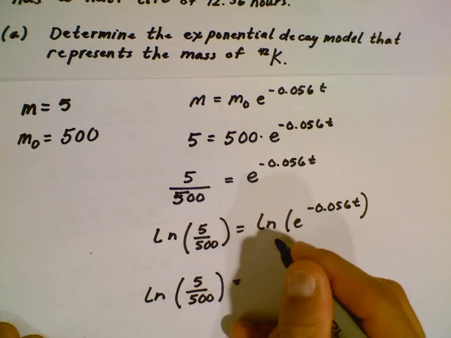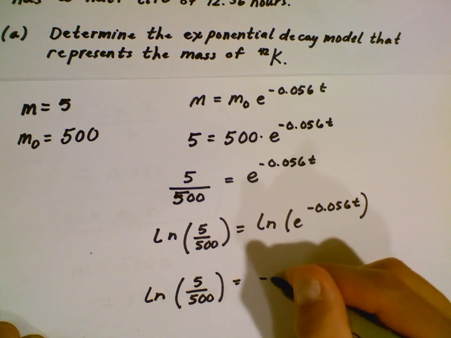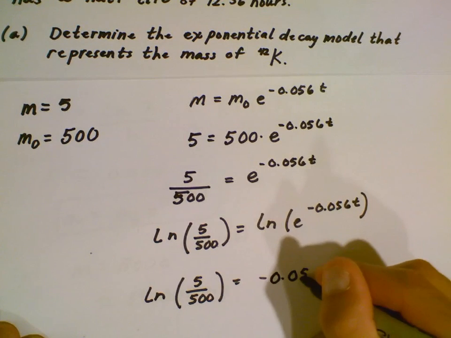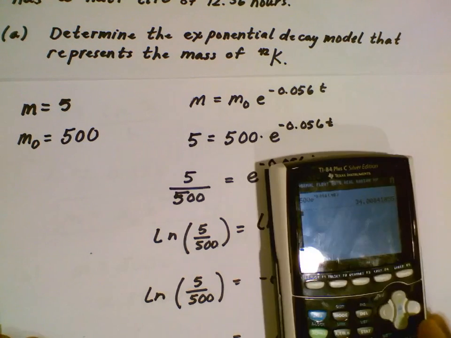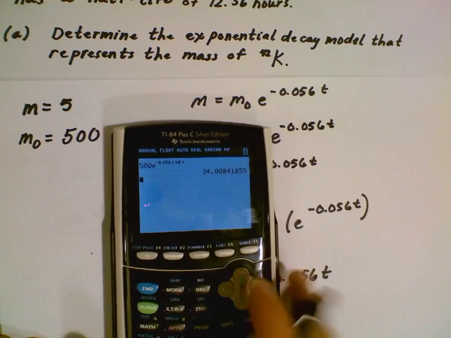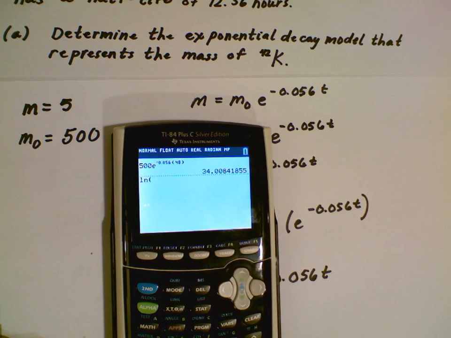The natural log and the e are inverses, so you get negative 0.056t. You divide each side by negative 0.056. You're going to have the natural log of 5 over 500, which could be simplified to 1 over 100.